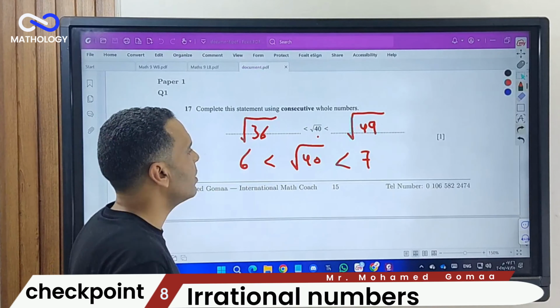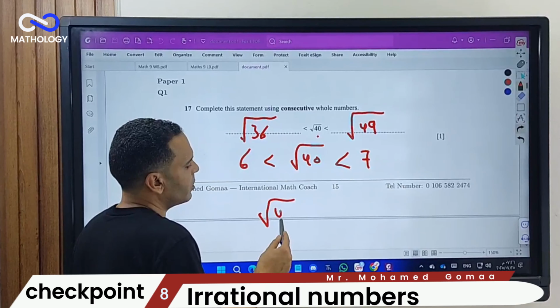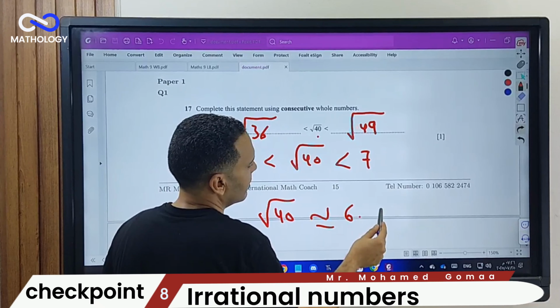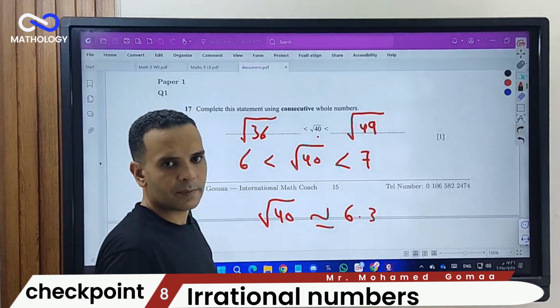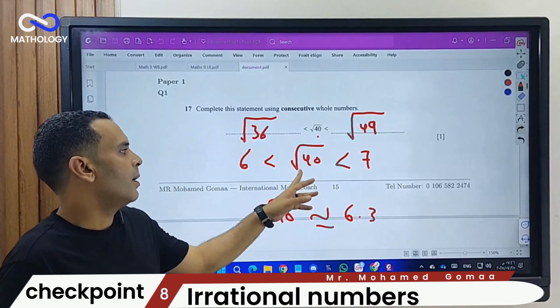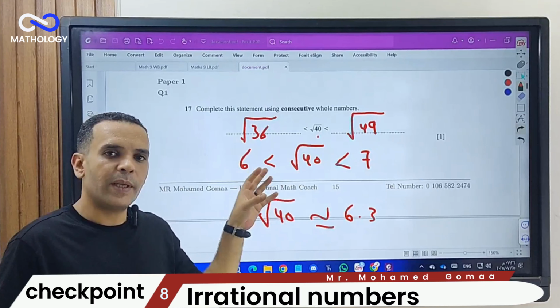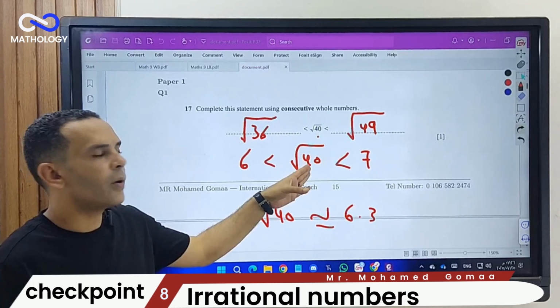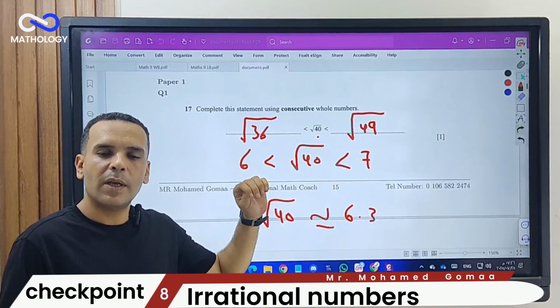Okay? So maybe square root of 40 approximately equals 6.3.